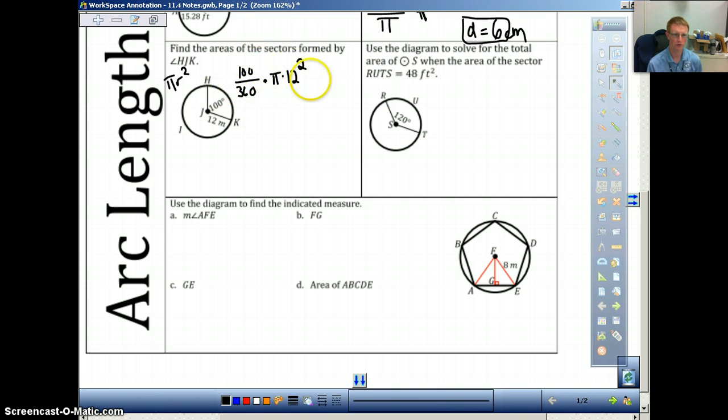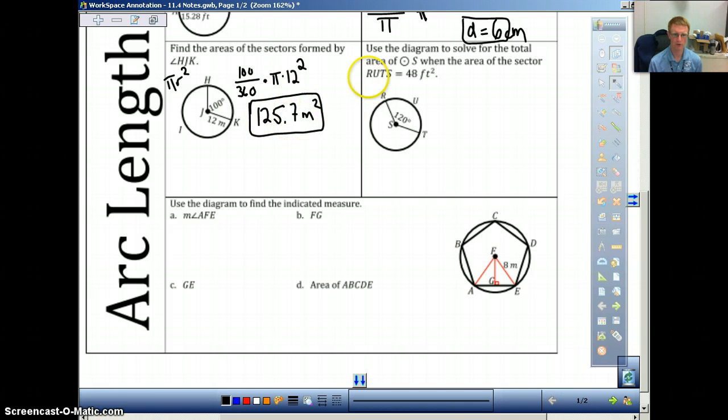Fraction of the circle times the entire area of the circle will give us the area that we're looking for. And this value gives us 125.7 meters squared. And that's all we're looking for. And again, you can always do pi times 12 squared to figure out what the area of the entire circle is, and just make sure that this is smaller, because it obviously should be smaller.